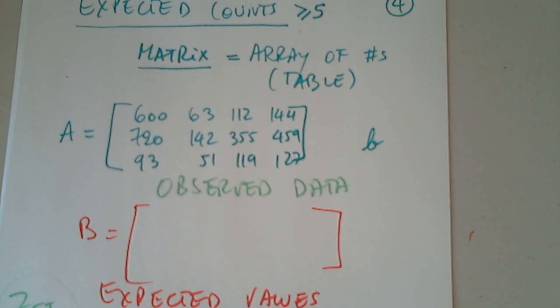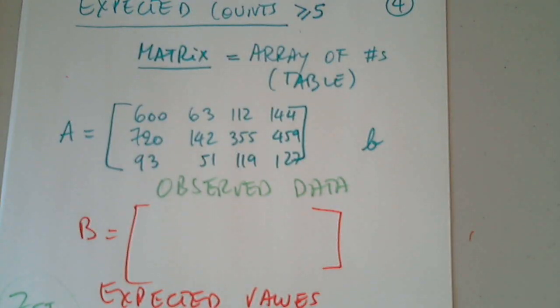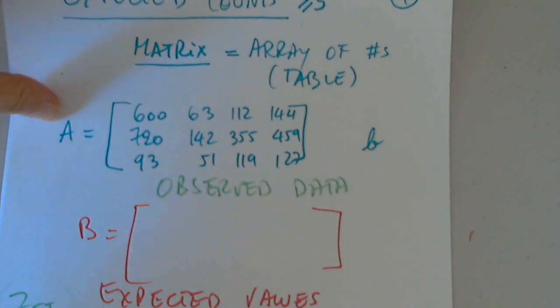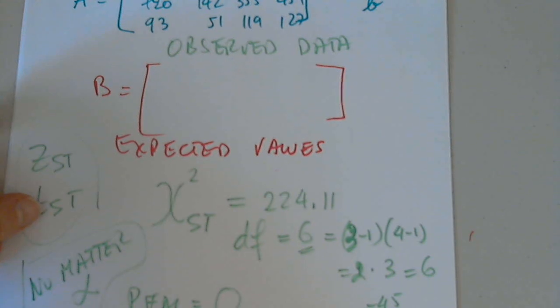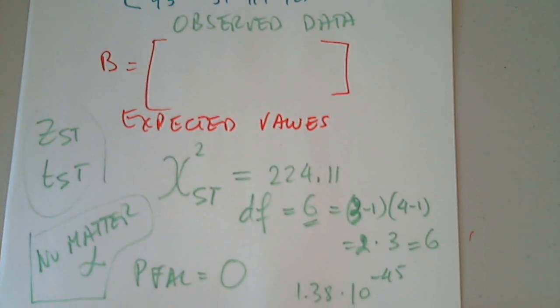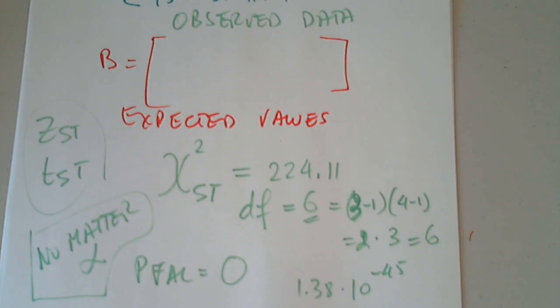Are the two variables, happiness and marital status, related? Is there an association, or are they completely independent, where one does not influence the other? Anyone? And then we'll put the matrix of expected values to check.